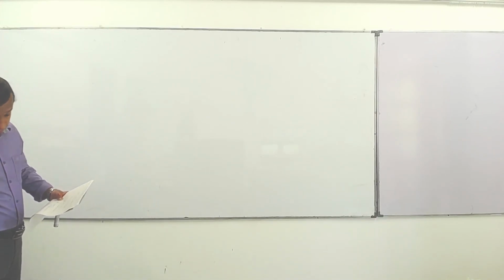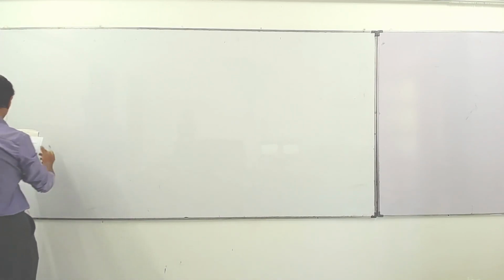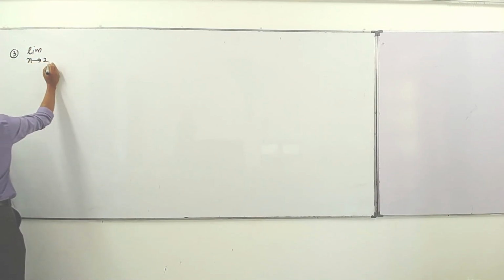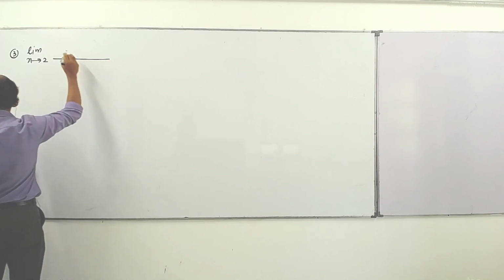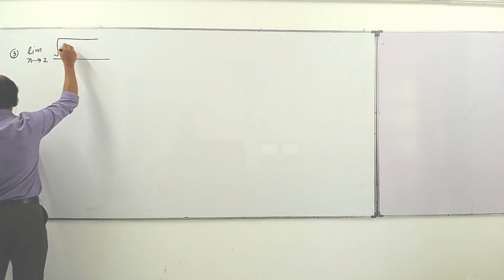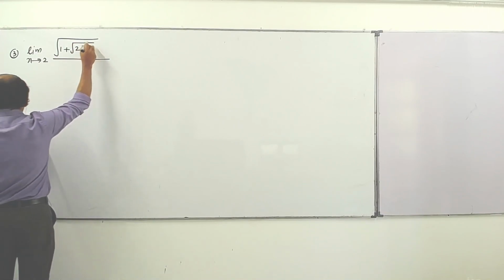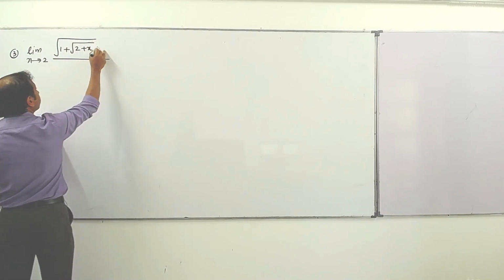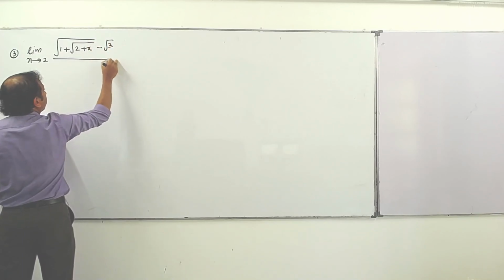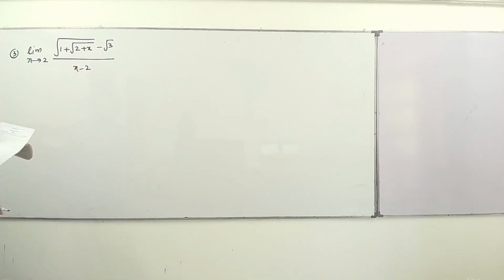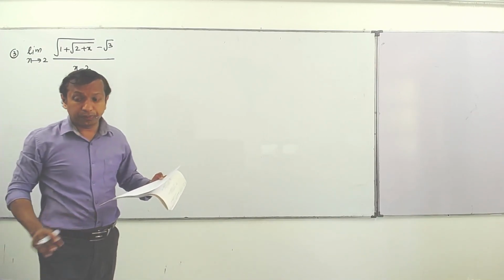Limits question given this way: limit of square root of 1 plus root of 2 plus x, minus root 3, divided by x minus 2, as x goes to 2. Asking to find its limit. The answer is 1 over 8 root 3.